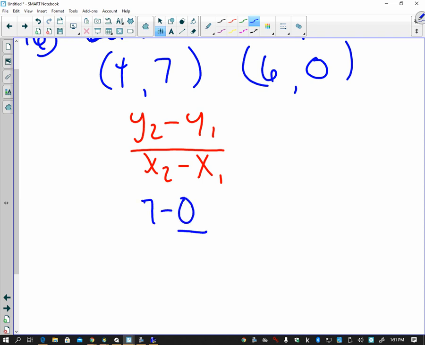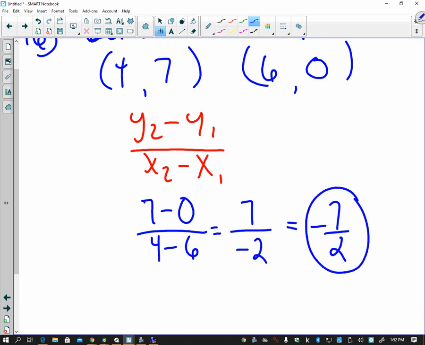Over? 4 minus 6. What's 7 minus 0? 7. What's 4 minus 6? Negative 2, right? So it would be negative 7/2 is the slope. You can do y1 minus y2, so long as you do x1 minus x2. It will come out the same, I promise you.